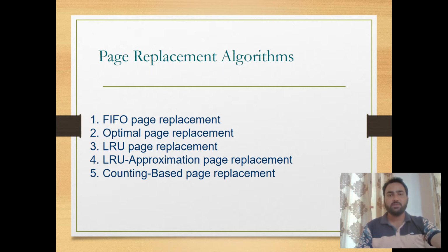Then we will discuss least recently used page replacement algorithms. Then least recently used approximation page replacement algorithms, which are further categorized into three sub-algorithms. We will discuss them one by one. And then the last one is counting based page replacement algorithms. So let's proceed.